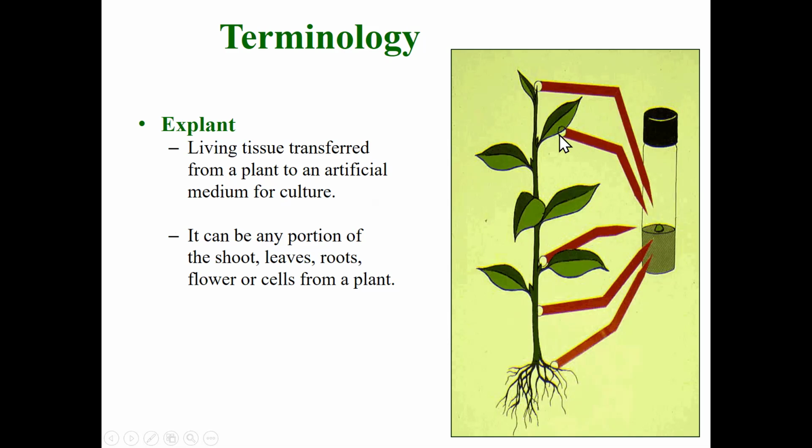Meristematic tissues means dividing tissue. If you take older tissue, it does not respond smoothly. So we can take the bud tip, root tip, or even young leaves, shoots, roots, flowers, even pollen grains or anthers. They can be cultivated in the tube you can see here.